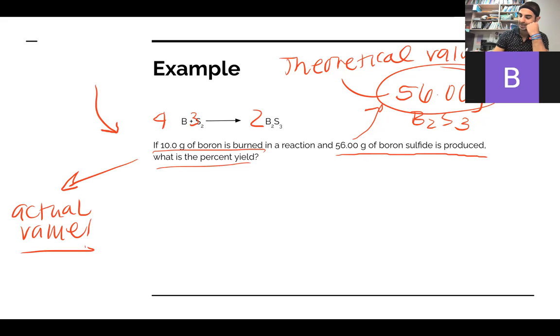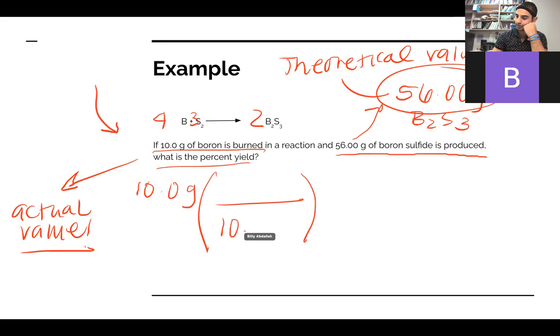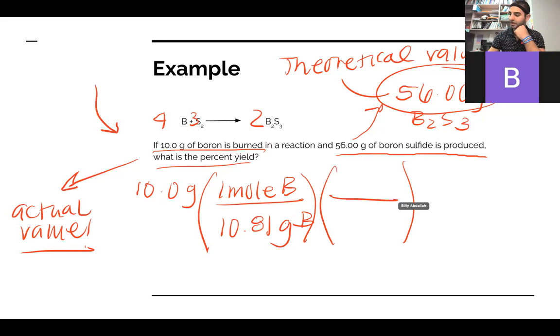So again, we're going from 10 grams of boron. We want to convert the 10 grams to moles. We want to convert the moles of boron to moles of B2S3.